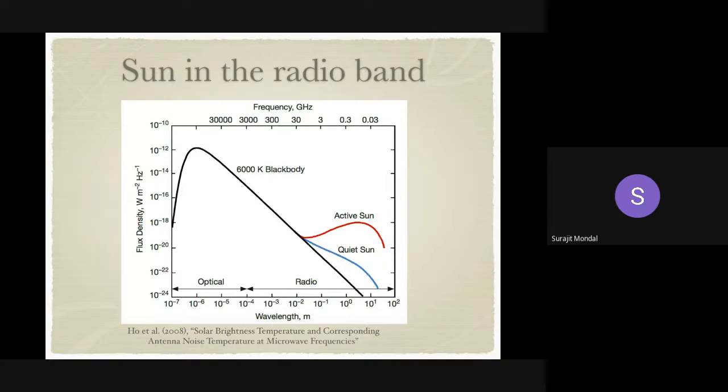An active sun can exceed 10 to the power 8 Kelvin as well. Now this says that there is something very different happening in the sun which can only be observed from the ground in the radio band. That's the first thing to understand, that the optical and the radio wavelengths are showing us two different pictures of the sun.